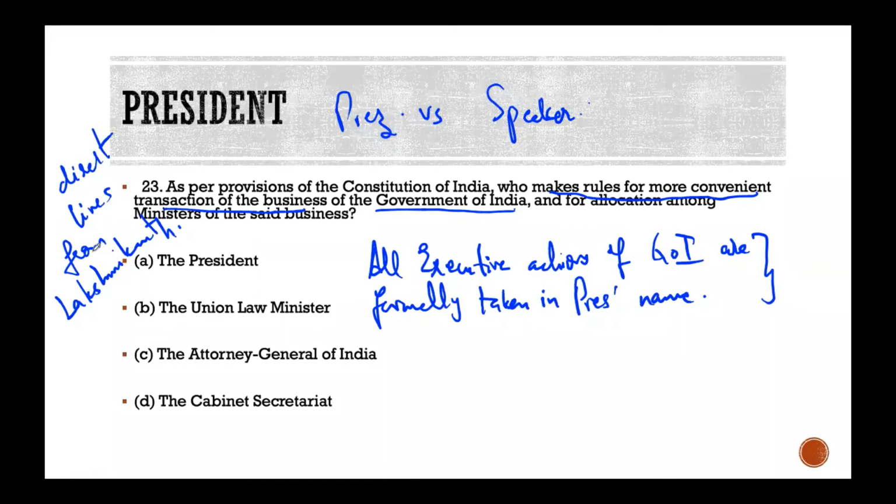Try to be so thorough that if you take a look at this, you should be familiar with it. Hey, wait, I have actually seen something like this in the president's chapter. Because it cannot be in the speaker's chapter, because the speaker does not have a separate chapter. So it has been in executive powers of somebody, and the only person I've studied executive powers separately is the president of India. That means this is going to be the president.